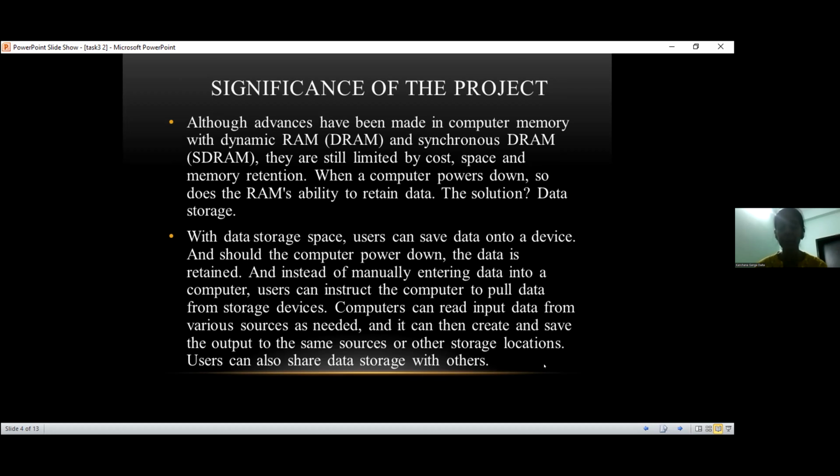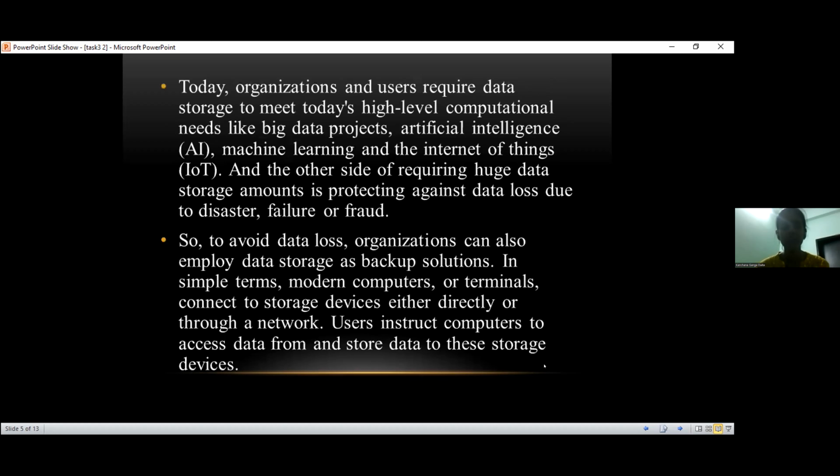What we use efficiently, what exactly suits this kind of system, is used here. And as I have said, AI, ML, IoT also need a lot of data in today's generation. So for all these cases, to avoid fraud, failure, and any disasters from data loss, we can proceed with this. Similarly, organizations can also have data storage as a backup solution.